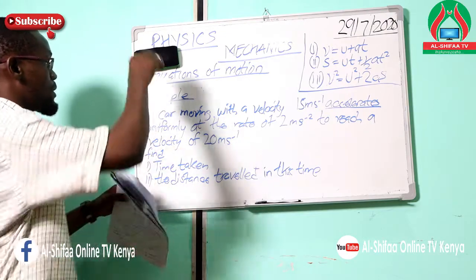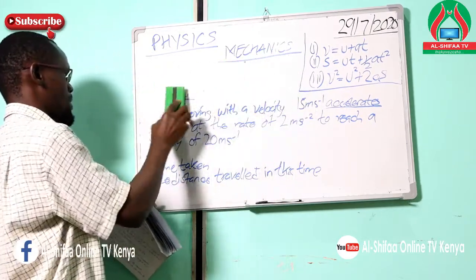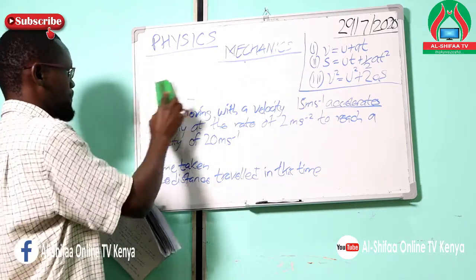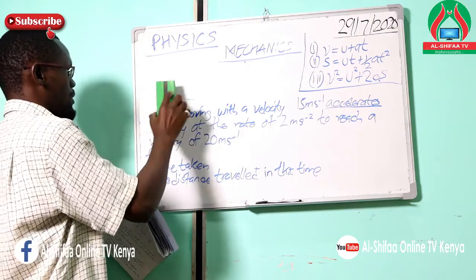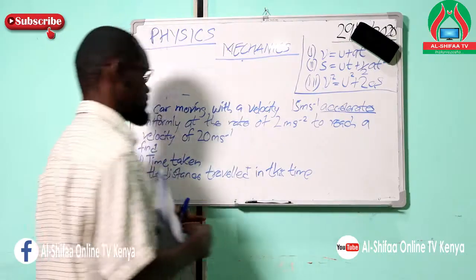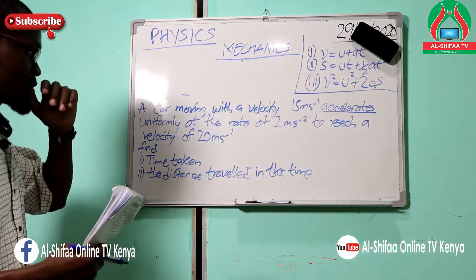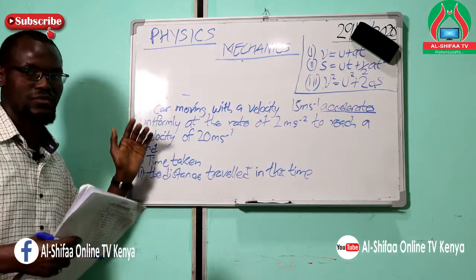In a physics problem, one of the skills which you have to apply is a 4-step skill, whereby first you have to visualize.